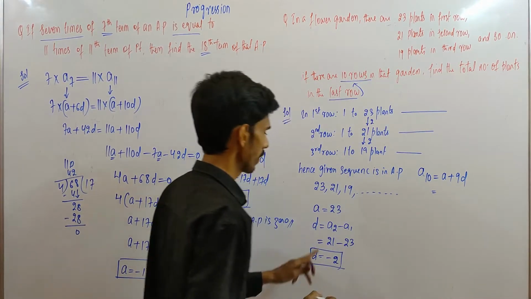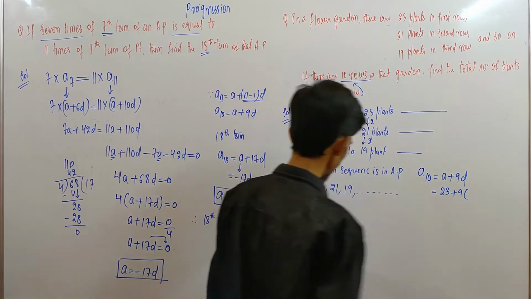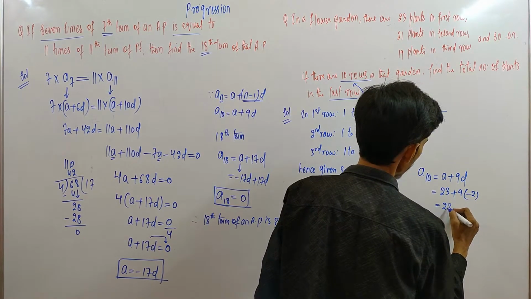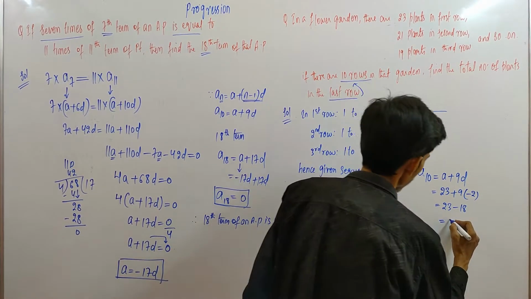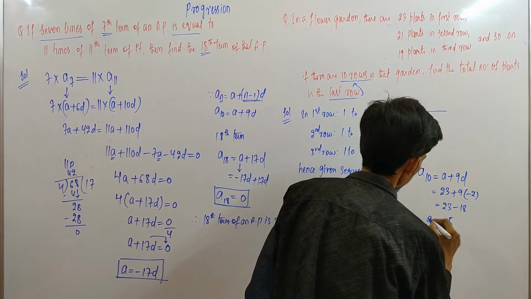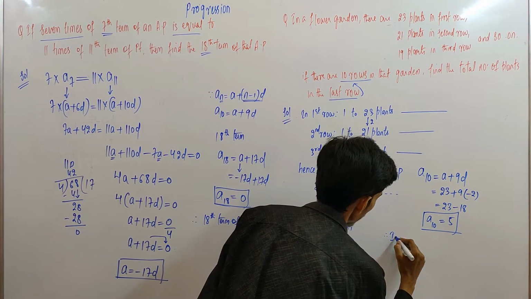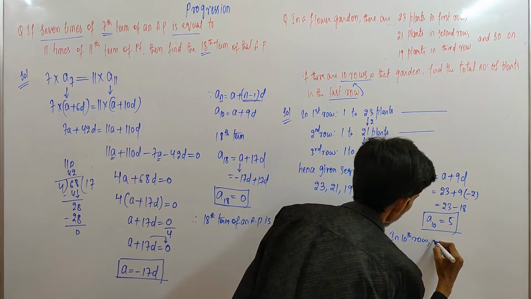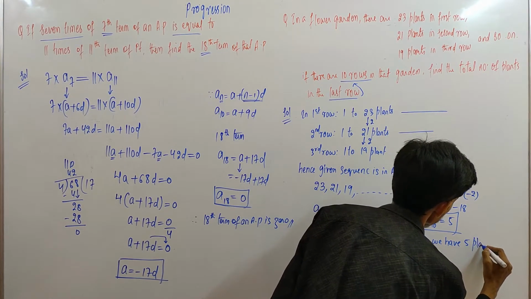A value is 23 plus 9 into D value, minus 2. 23 plus 9 into minus 2, minus 18. So we have 5. It means in 10th row we have 5 plants.